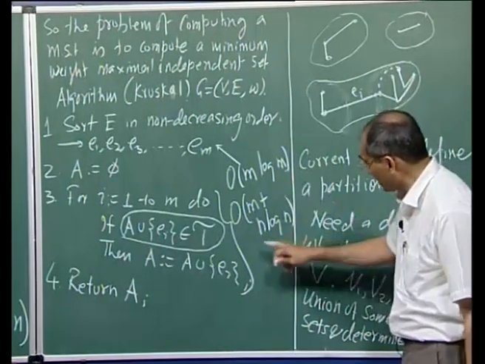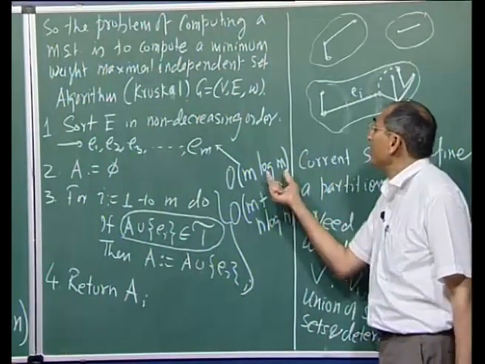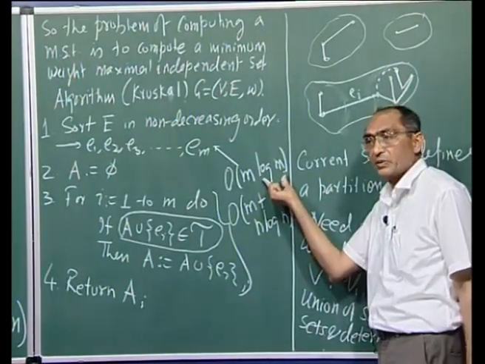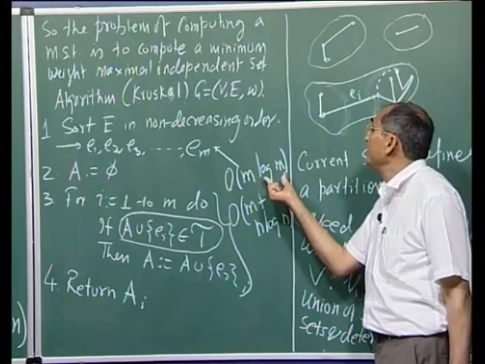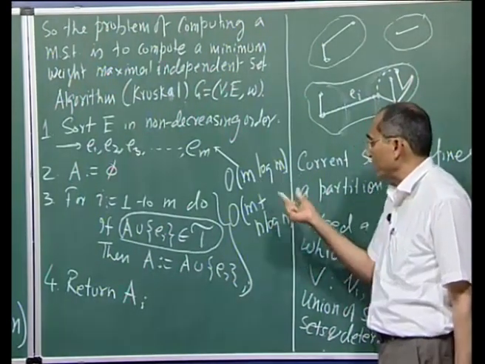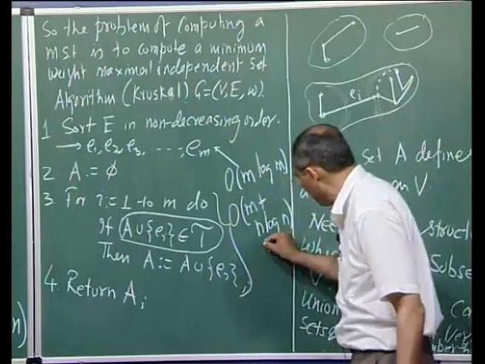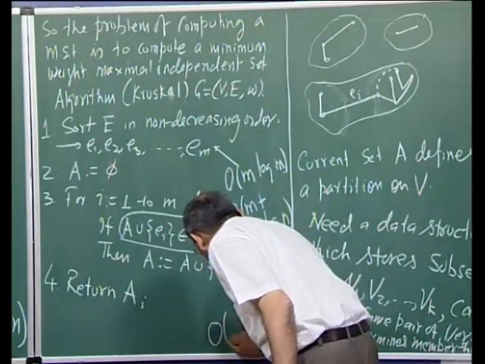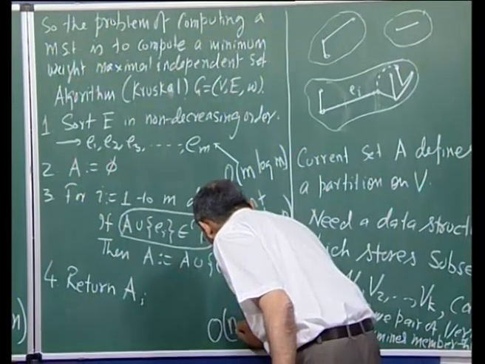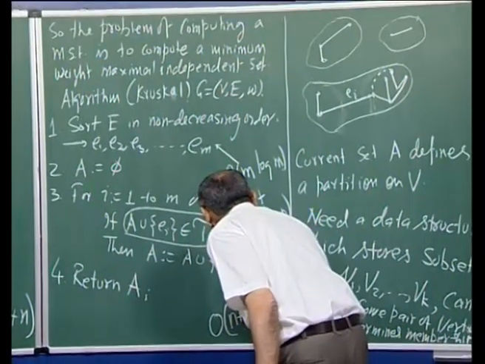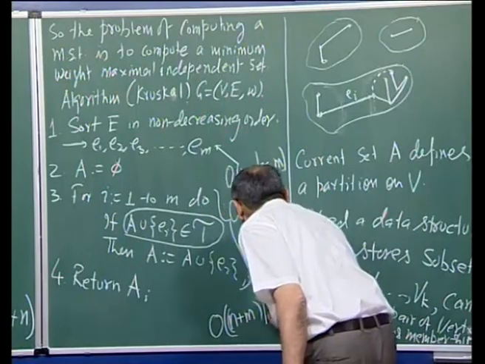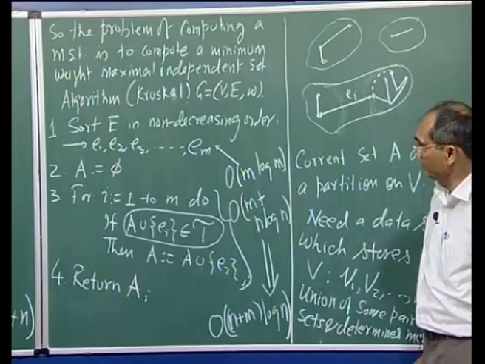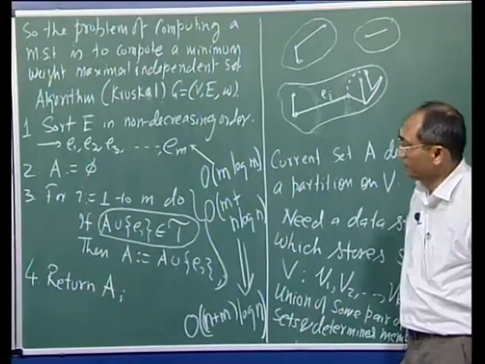So for the total cost, notice that log m is the same as log n. The reason is m cannot be more than n squared, so log m is at most 2 log n, which is order log n. Hence the total cost of the algorithm is order (n plus m) log n for the entire algorithm.